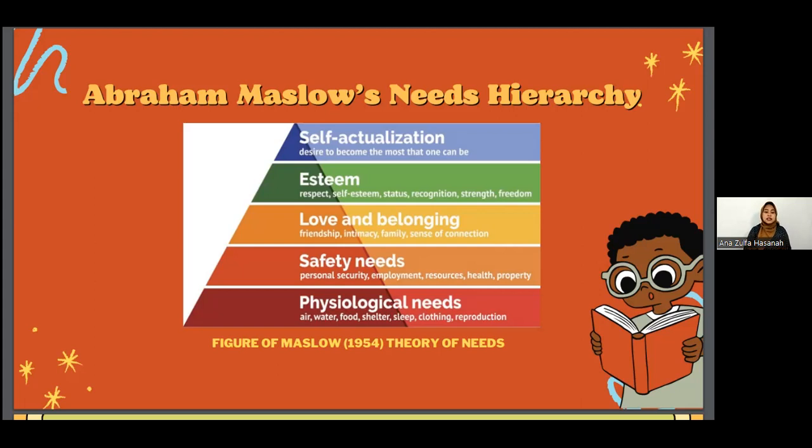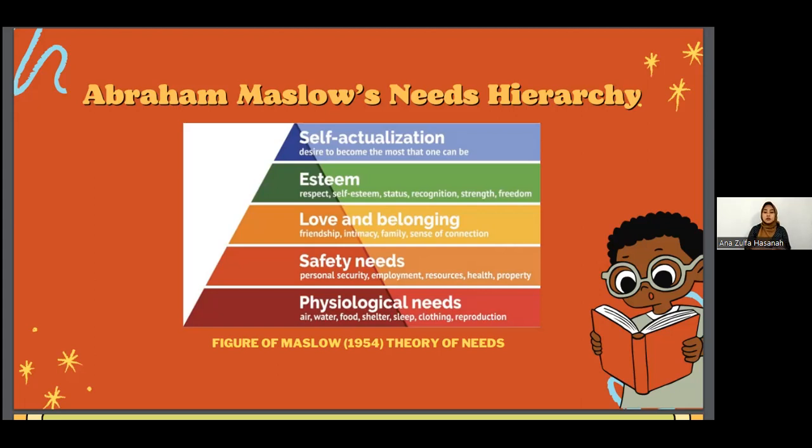And then the last is self-actualization. This step is the top of the pyramid. It is the need for personal realization, accomplishment, and seeking personal growth and experience. These needs are related: once the lower needs are satisfied, the higher-level needs become a motivating factor.